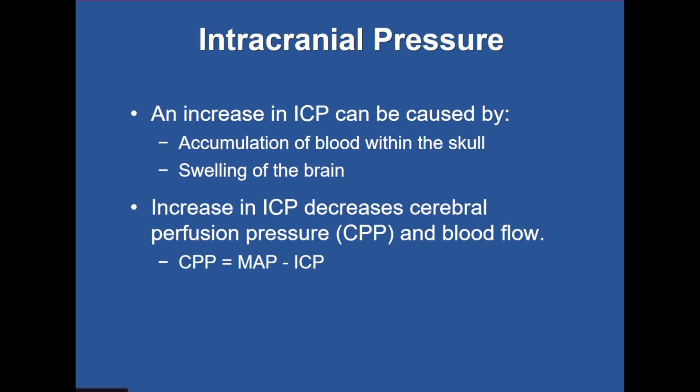And remember, the MAP is just a combination of your systolic blood pressure and diastolic blood pressure, and a little math that goes along there. There's several different ways that people calculate that pressure. So just know how they want you to calculate it in your area, learn how to do that and stick with it. And it can tell you a lot.